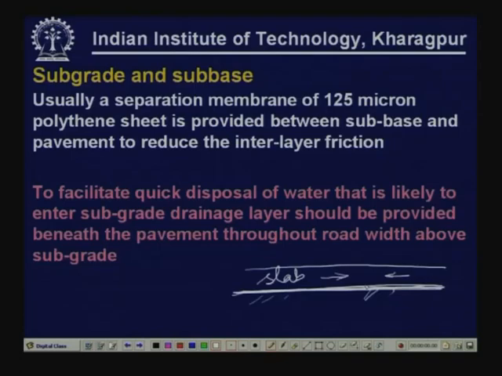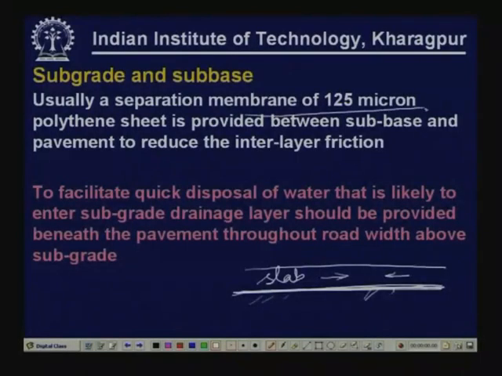Thereby, the transverse cracking that comes because of contraction or shrinkage of the concrete will be reduced significantly. If one is very much concerned about this type of failure, it would be a good idea to provide a smooth interface between slab and the subbase. This smooth interface can be provided by a membrane of 125 micron thick plastic sheet.